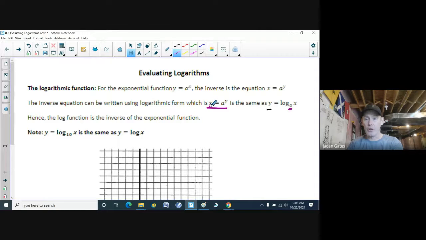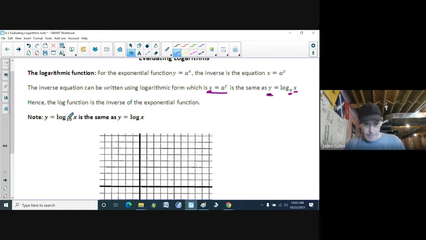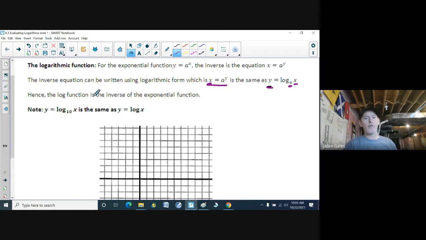The answer, if you will, is in the log, and the exponent is over on the left. That's your y value. So things are just kind of rearranged, and we'll get to how that works.